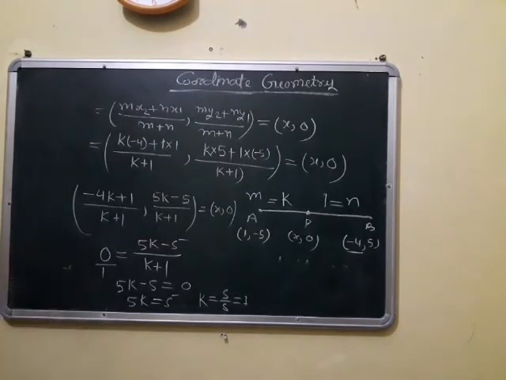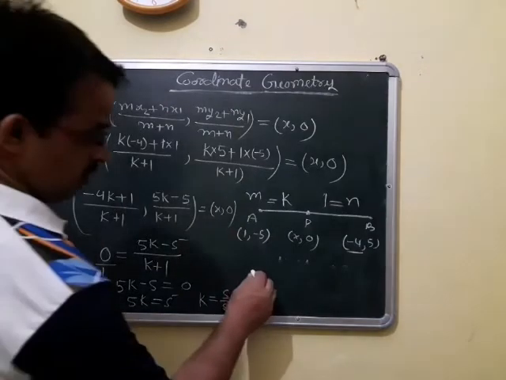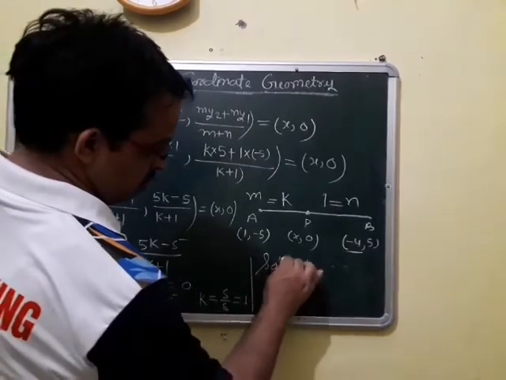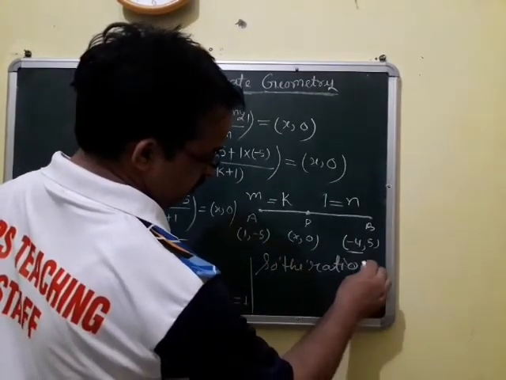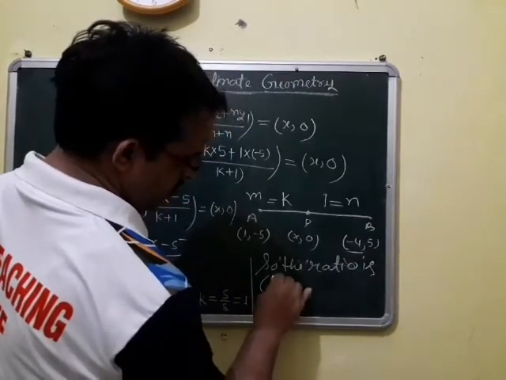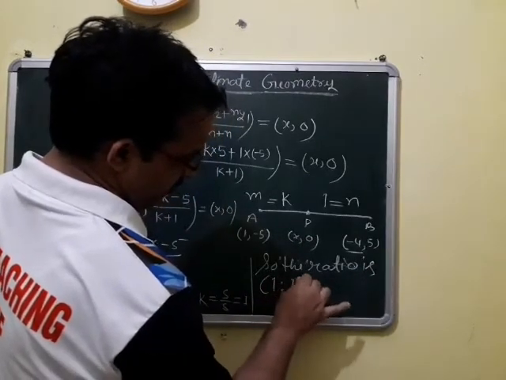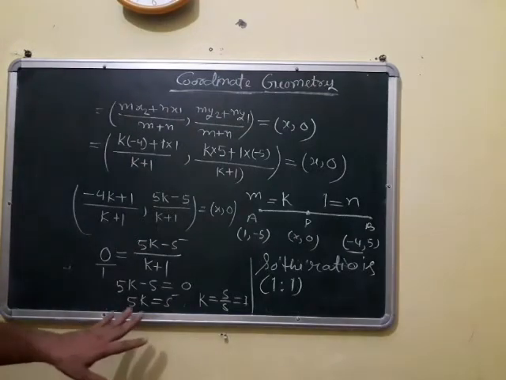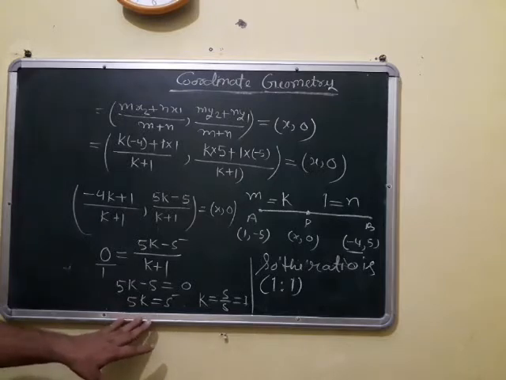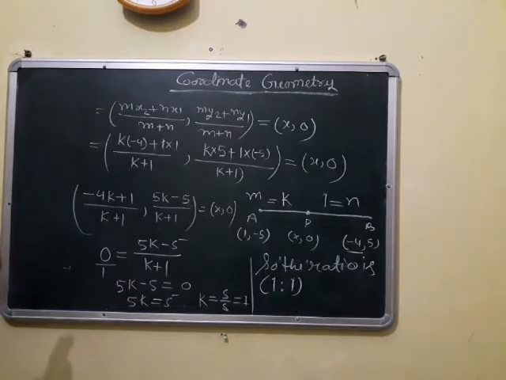So the ratio is 1:1. Clear? This point is clear? Now discuss the next point.